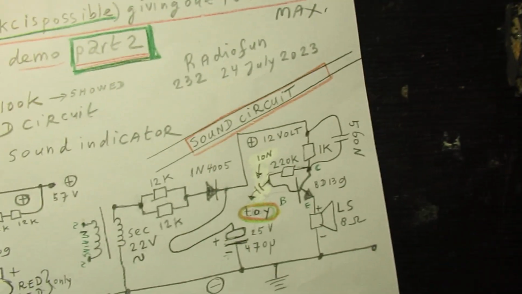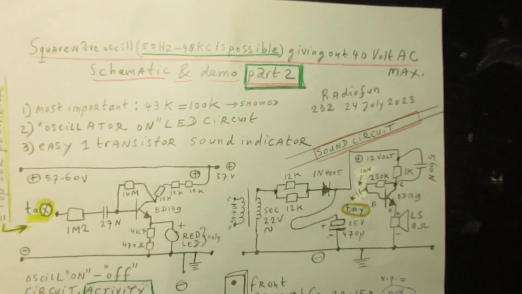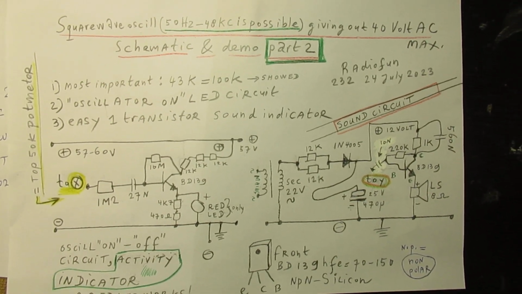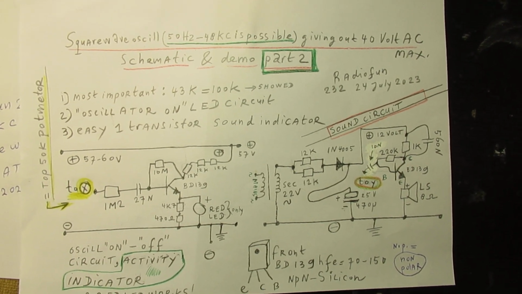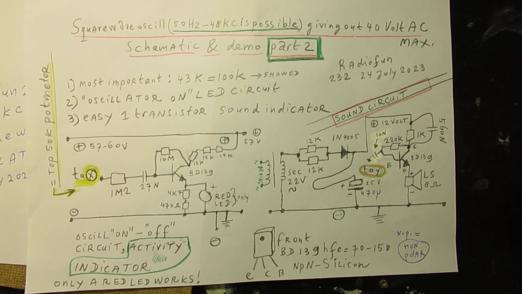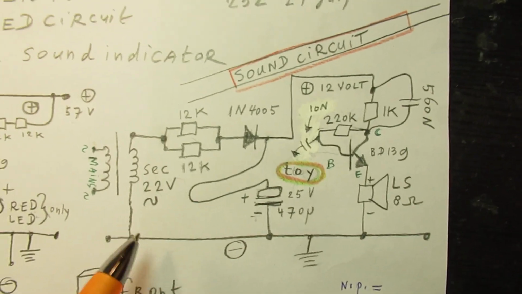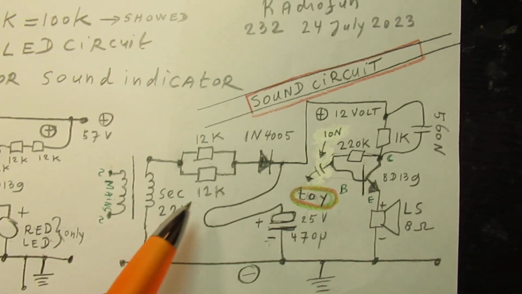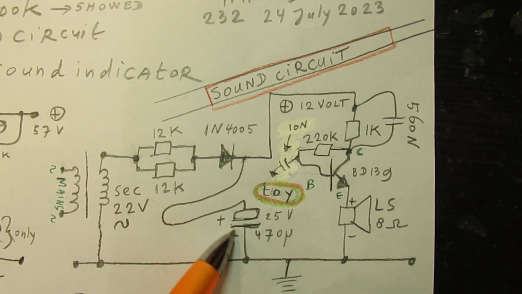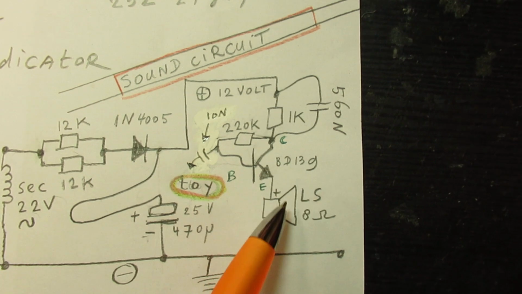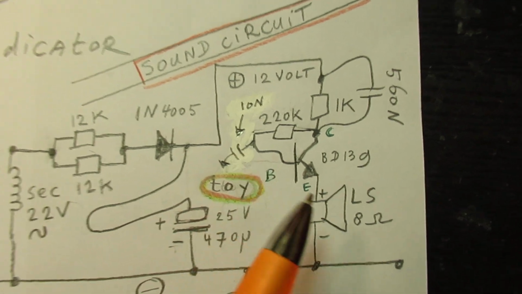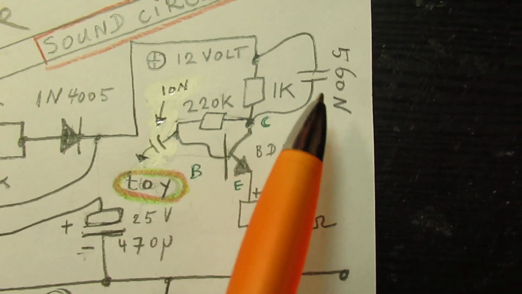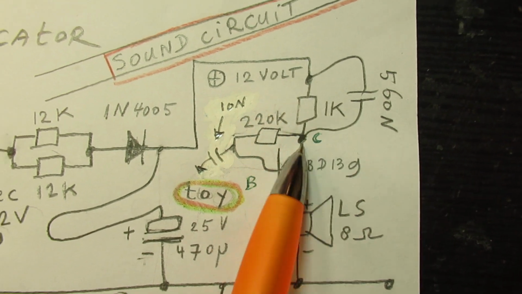So the second schematic is here. Very simple. One phase rectifier. Here is a smoothing capacitor. It serves only one transistor, and that one transistor has here a 570 nanofarad capacitor.